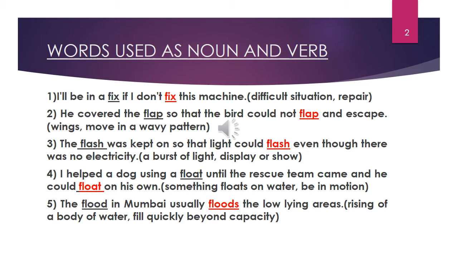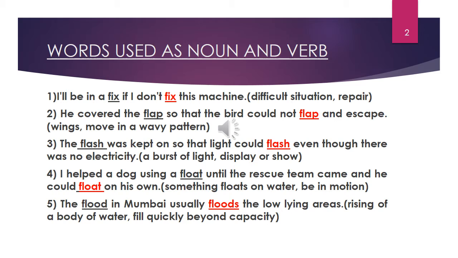I helped a dog using a float until the rescue team came and he could float on his own. So again the same thing. First float is something floats on water, that is a thing, and second is float, which is in red, so that is be in motion.